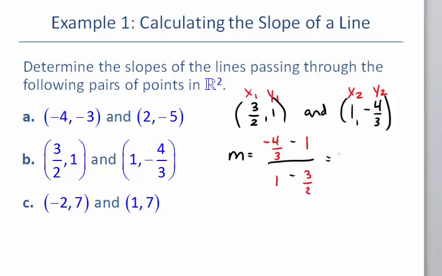Then we will calculate the numerator and the denominator. Remember that in order to subtract -4/3 minus 1, we would need a common denominator. So this 1 could be written as 3/3. So -4/3 minus 3/3 would make -4/3 plus a -3/3, which would give me -7/3.